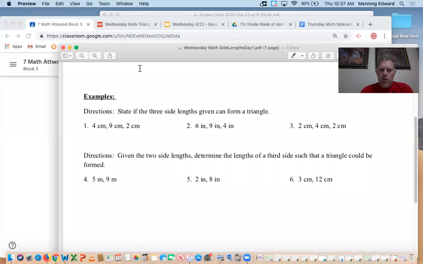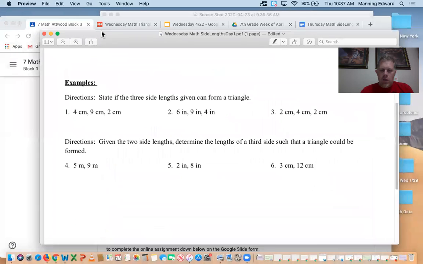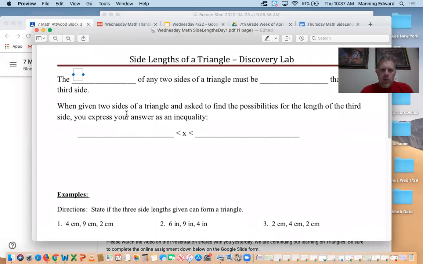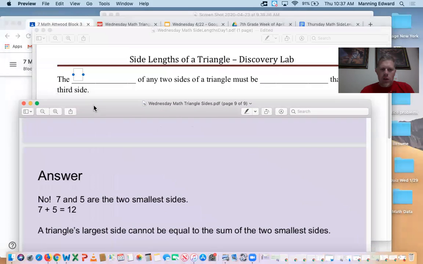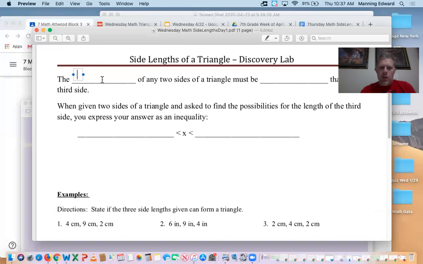So what I wanted to do is, this is what you guys were supposed to do yesterday. Looking back at our presentation here, a triangle's largest side to the smallest of any two sides. So this would have to be: the smallest of any two sides must be larger than the third side.